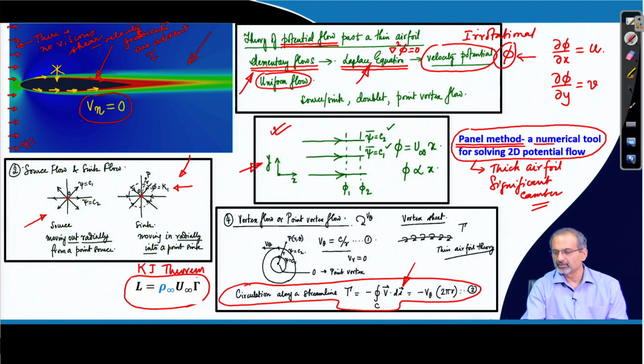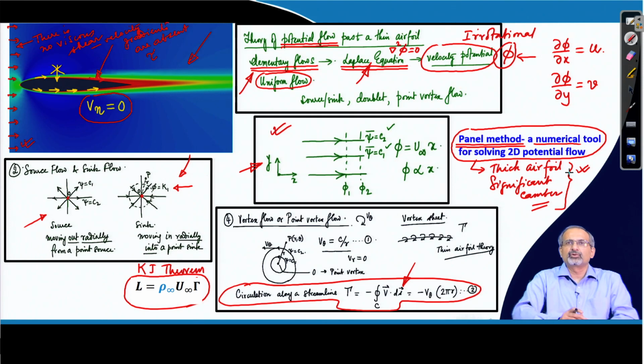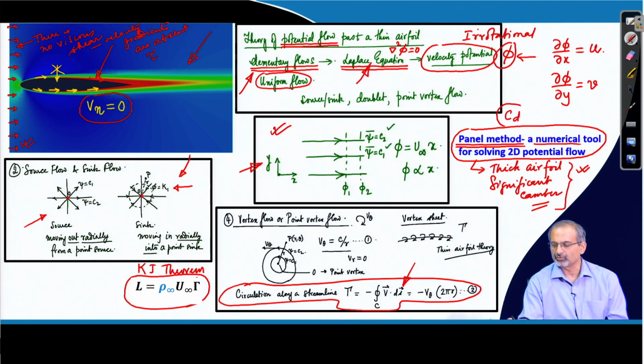It is a numerical tool or a model for solving two-dimensional potential flow past arbitrary geometries for that matter. So, it is not used for solving only airfoil flows, it can be used for other kinds of geometries also, but we have to again remember that the basic model does not have any potential to calculate drag forces.